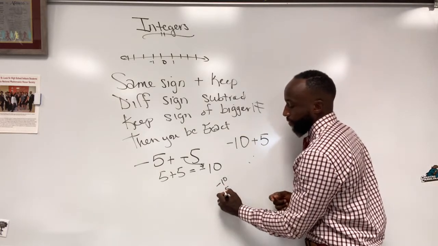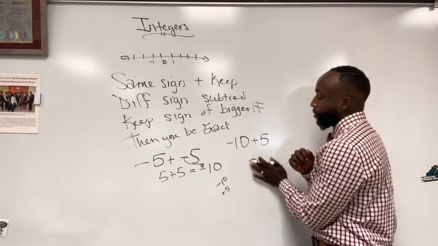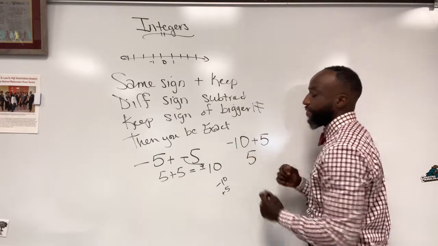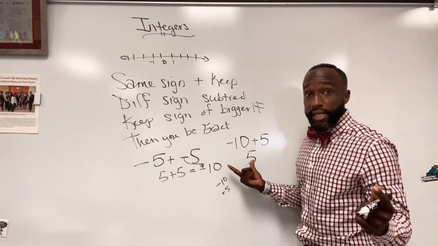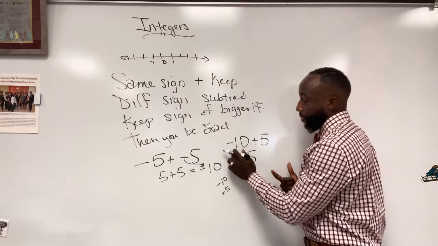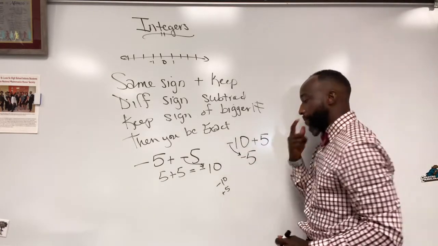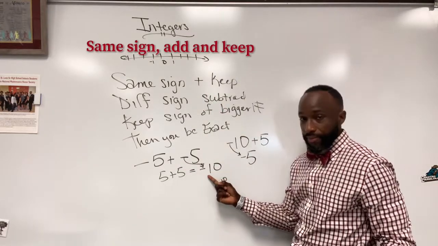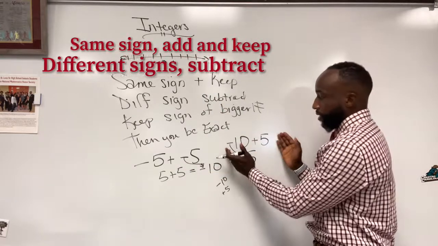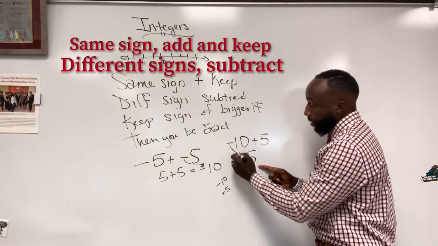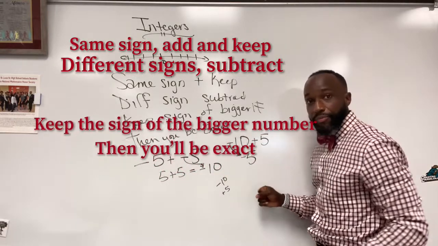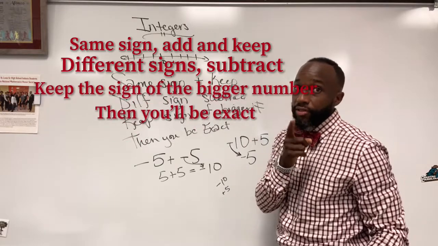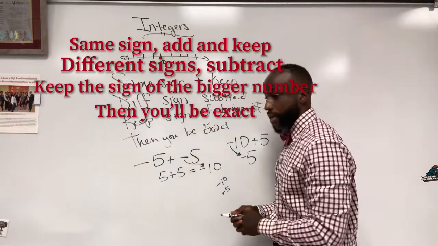The 10 is negative and the 5 is positive, so I subtract again and get 5, but I take the sign of the bigger number. In this case, the bigger number is negative, so the answer is -5. Same sign, add and keep. Different sign, subtract. Keep the sign of the bigger number, then you'll be exact.